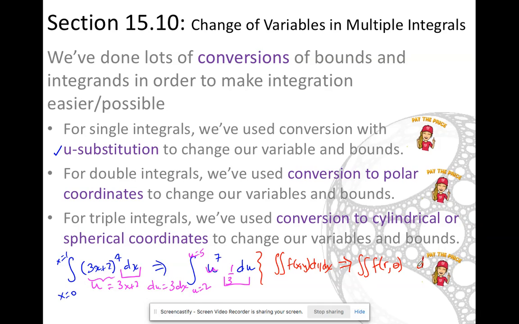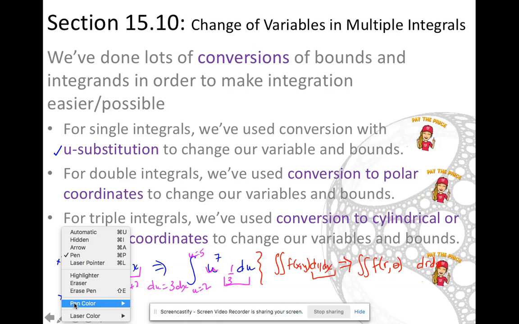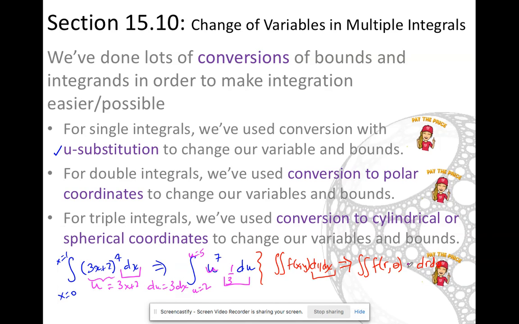I couldn't just change the region I was integrating over into dr d theta. What did I have to do? I had a price to pay. That price to pay was multiplying by that extra r, right? And then I also had to change my bounds from x and y bounds into r and theta bounds.